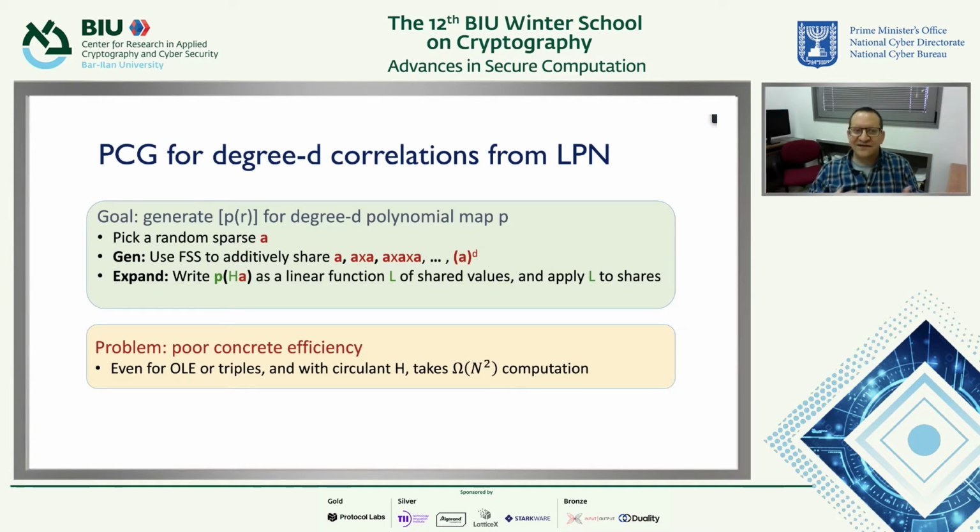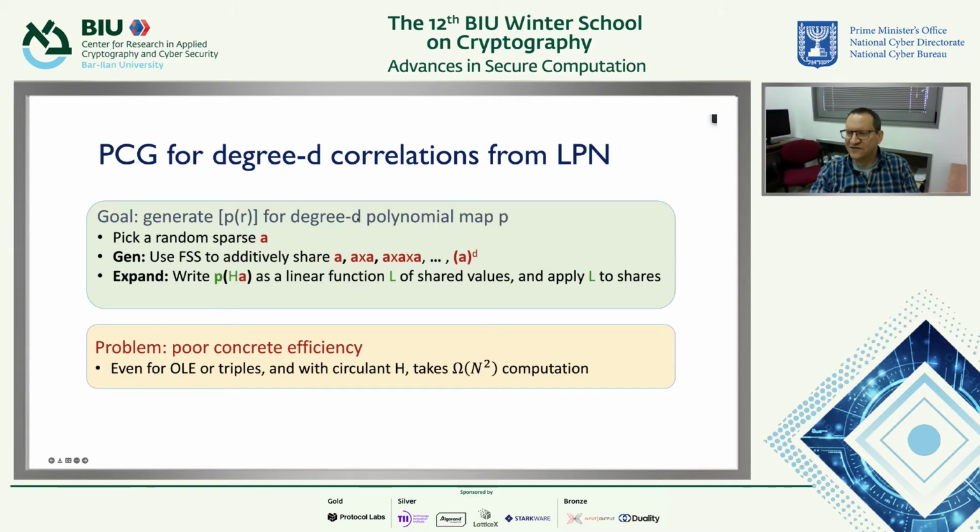That's an additive degree D correlation. And we use a simple tensoring trick to get a construction for any such correlation. So this includes standard triples, authenticated triples, OLE. All of these are special cases.